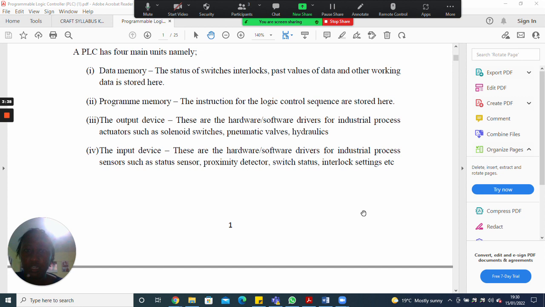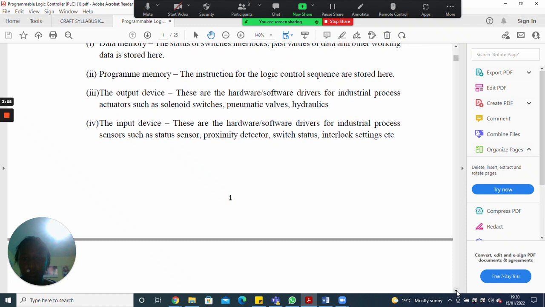The output devices are hardware and software drivers, such as actuators, such as solenoid switches, pneumatic valves, hydraulics, etc. The input devices are hardware and software drivers, and are mostly sensors, such as status sensors, proximity detector, switch status, interlock settings, etc.